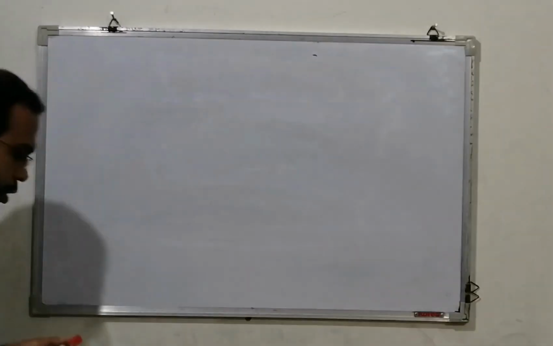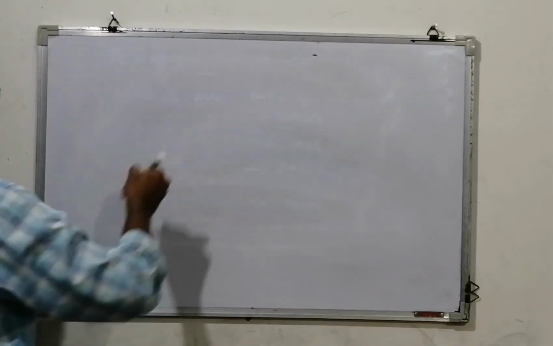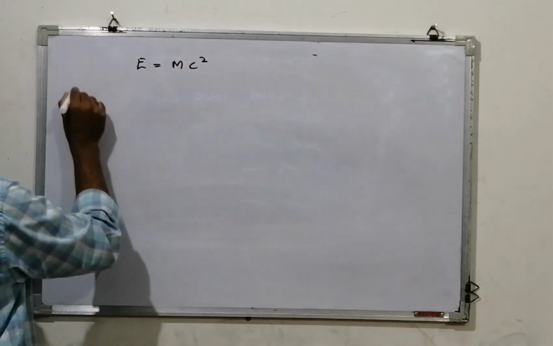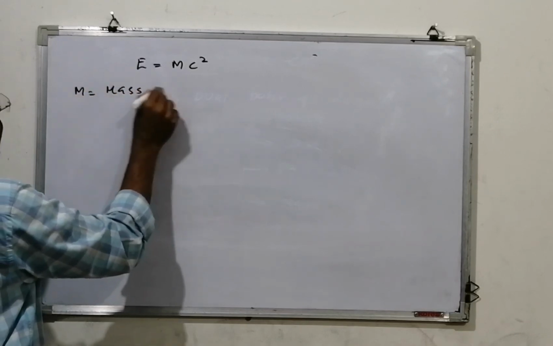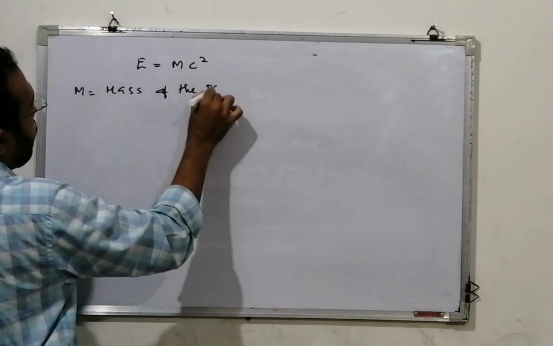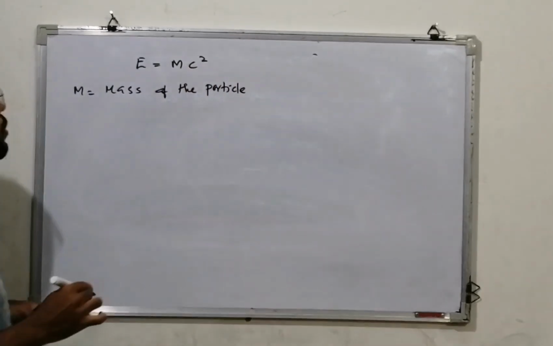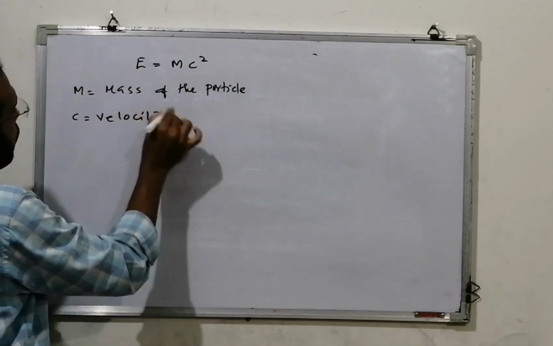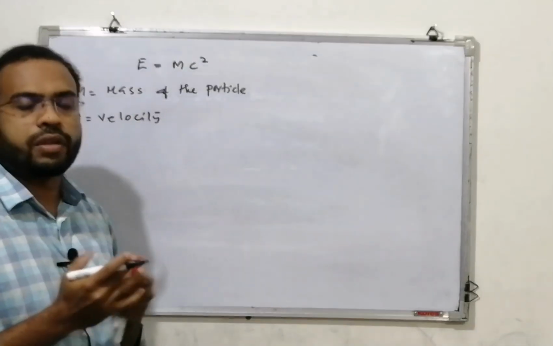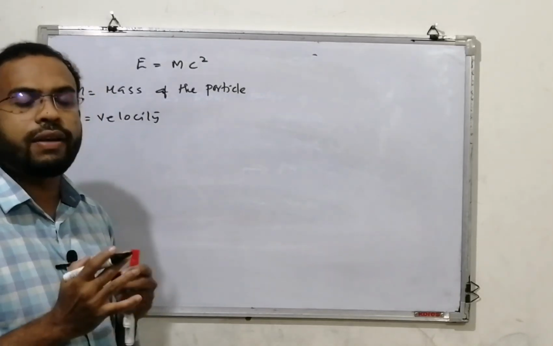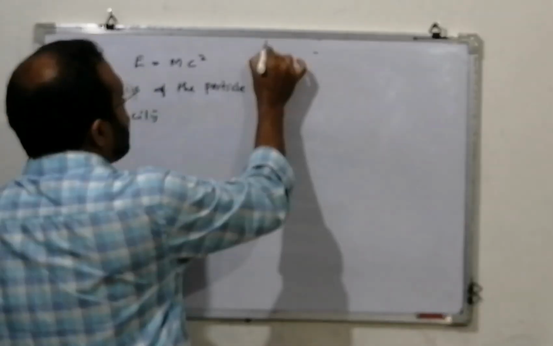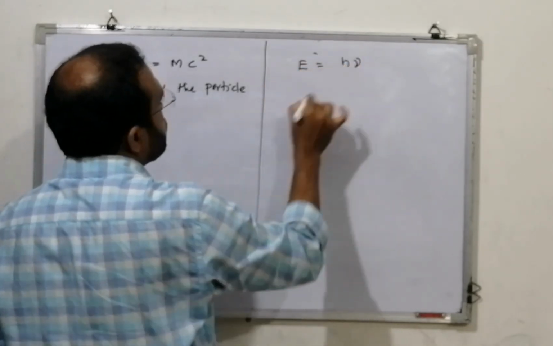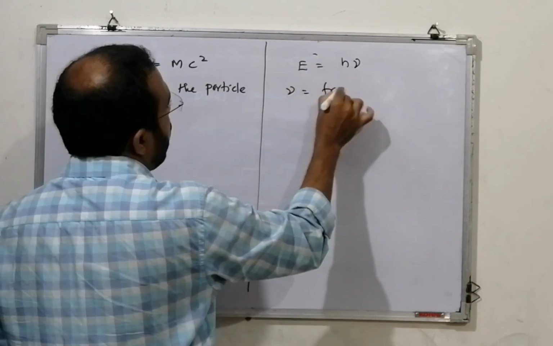He proved an equation. We know we have two energy equations. E is equal to mc square, where m is the mass of the particle and c is the velocity of light, or the velocity of the particle with which it is moving for the time being. Now you have another equation, E is equal to h nu, where nu is the frequency of light.